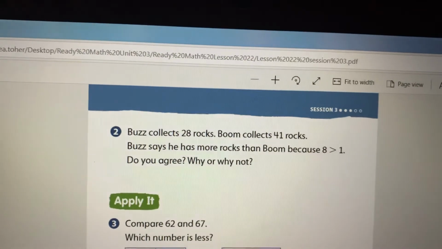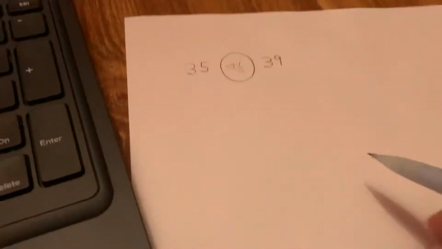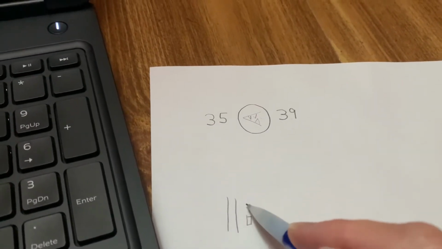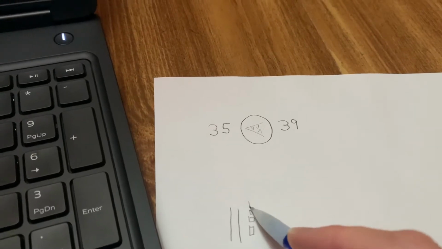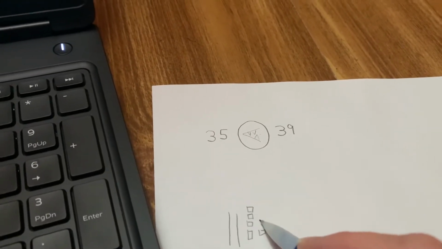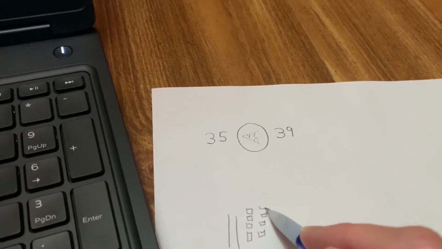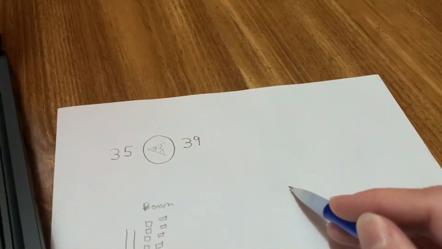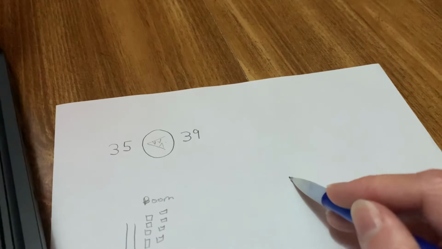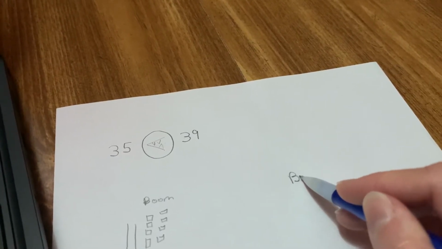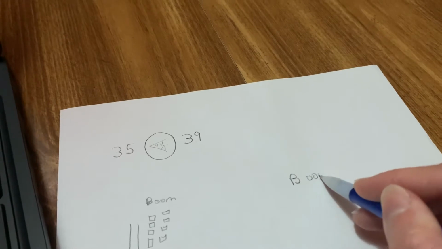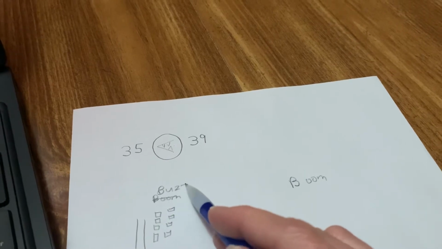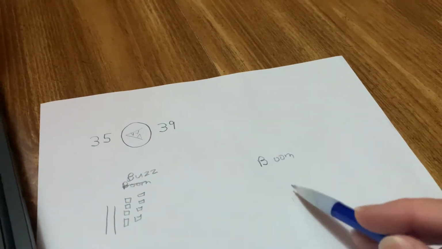And another way we could do that is we could draw a picture. So Buzz has 28. There's my 2 sticks for tens. Sorry, I'm having a little trouble, my friends, today because I'm holding the camera and drawing pictures here.